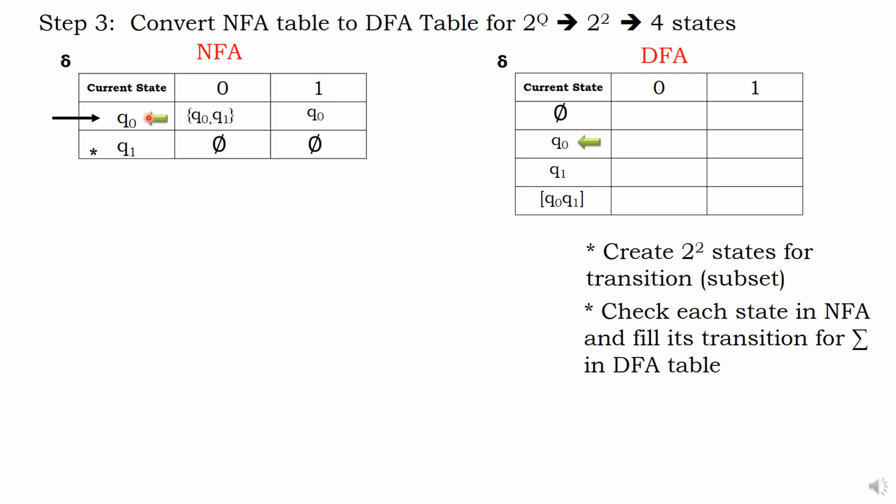For 0, what is the result? Q0 comma Q1. Put together, you put it in a square bracket. So remember, braces is NFA, square bracket is DFA. If you put braces, Q0 also, Q1 also, multiple states. If you put square brackets, put together, it is a single state. Q0 Q1 is renamed as a single state. That's the meaning.